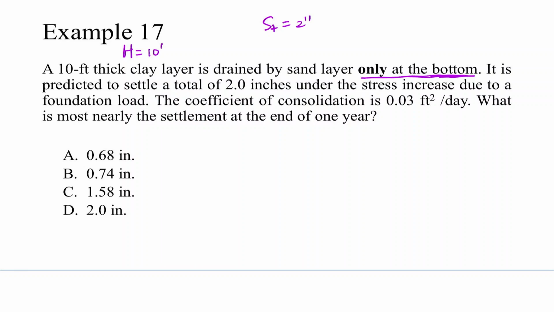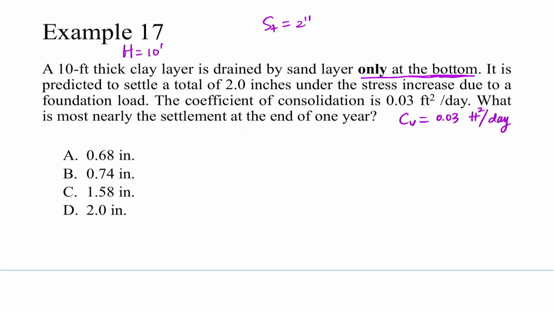Technically, it should be the consolidation settlement, but either way, total settlement is 2 inches. The consolidation coefficient C_v is 0.03 feet squared per day. We're asking about the settlement at the end of 1 year.